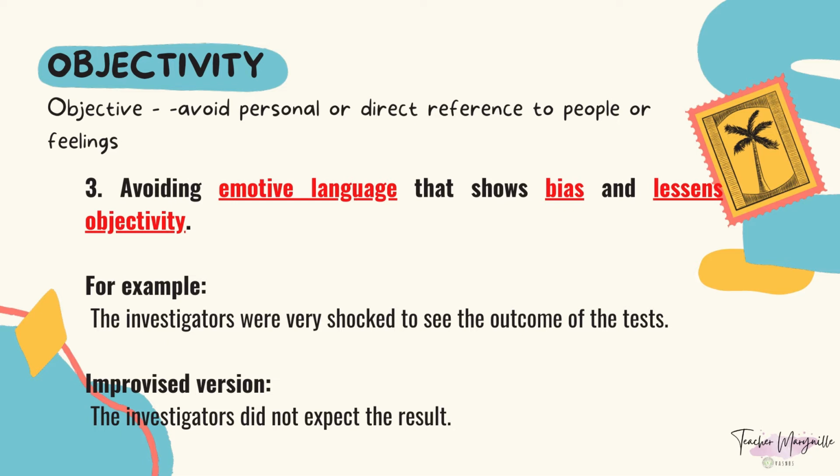The first sentence is biased, and it uses emotion to express an idea. To improve it, do it this way: "The investigators did not expect the result." This sentence shows social distance from the reader.